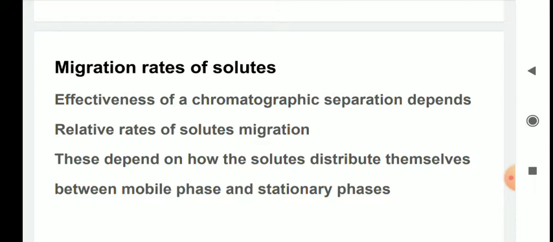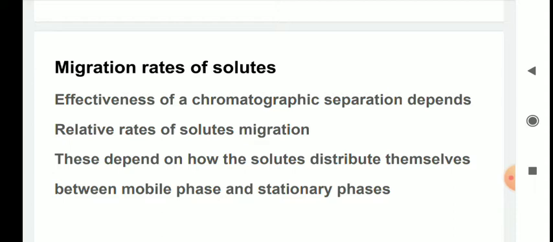The other factor which is responsible for the efficiency of a separation is the migration rates of the solutes. The mixture components pass through the column and they will travel through the column at a different rate depending on the affinity for the stationary phase and the mobile phase.